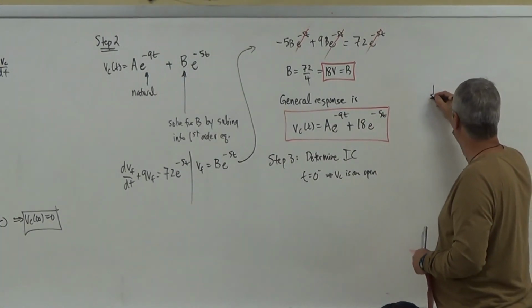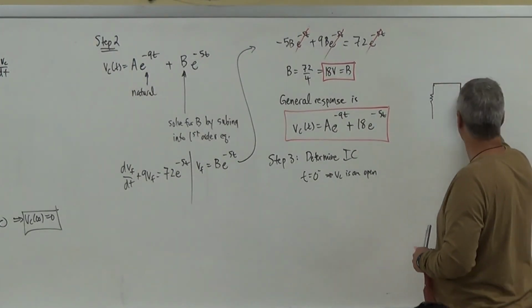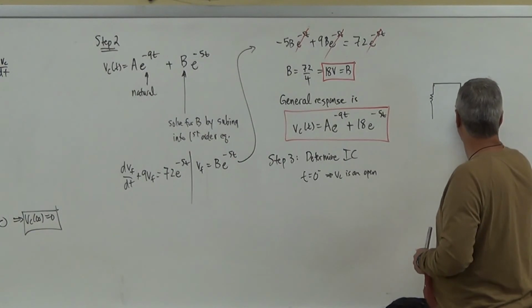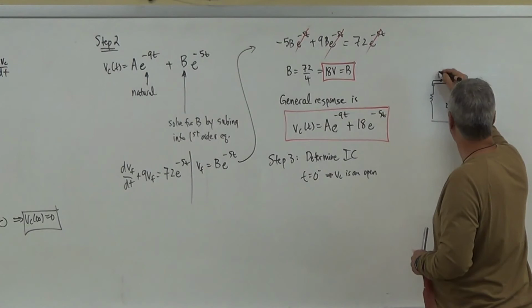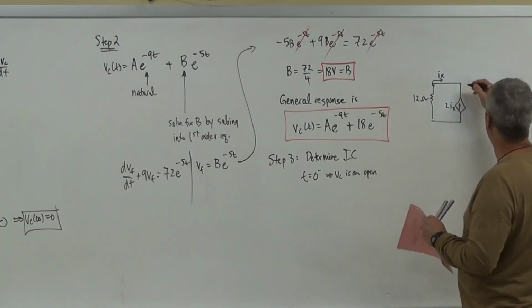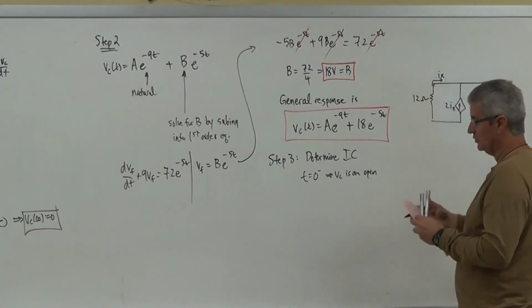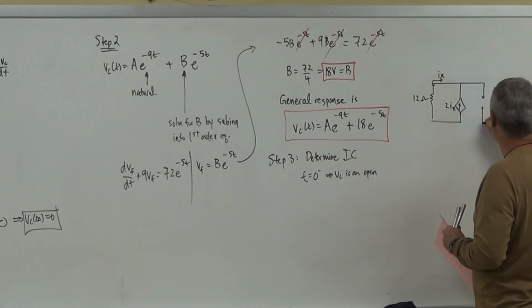So if I write this out here, my circuit looks like this. I've got a 12, I have a current source, I know this is 2Ix, this is Ix, and this is the 12 ohm. And then I have no voltage source, there's no exponential source, but then I have an open here.